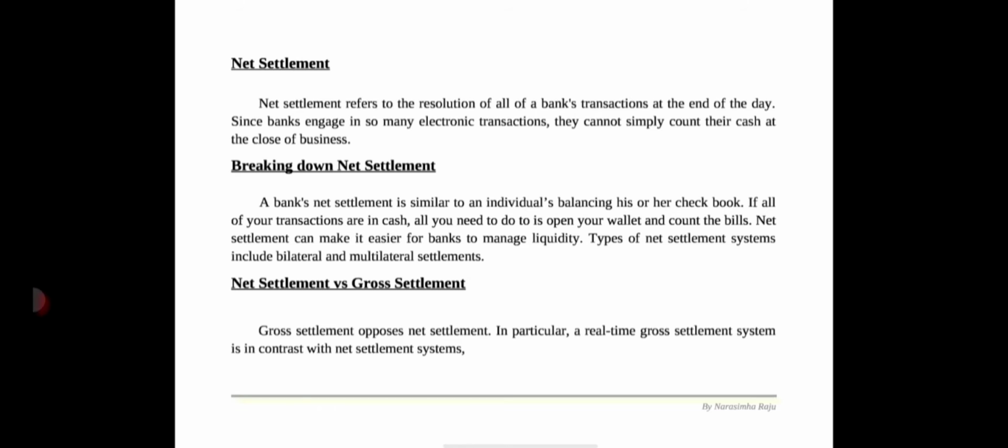Large value interbank funds transfers usually use real-time gross settlement. These often require immediate and complete clearing, which a country's central bank usually organizes.